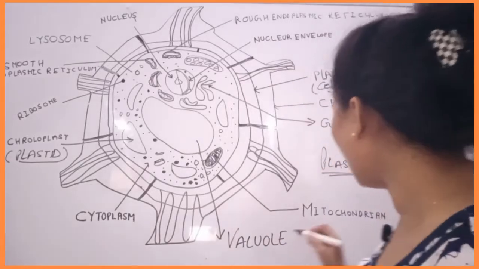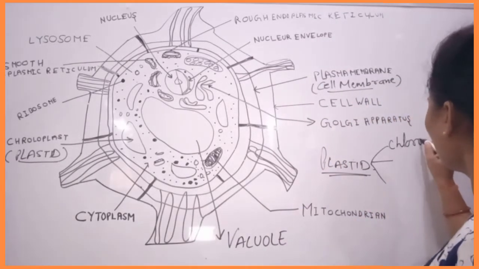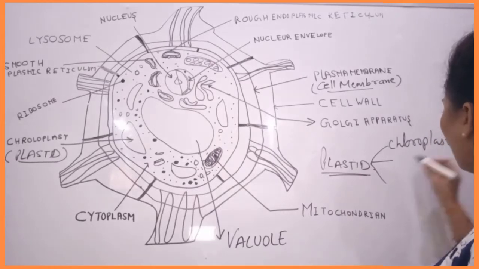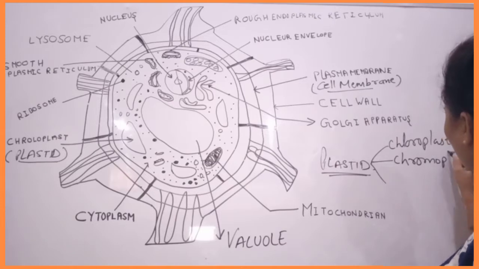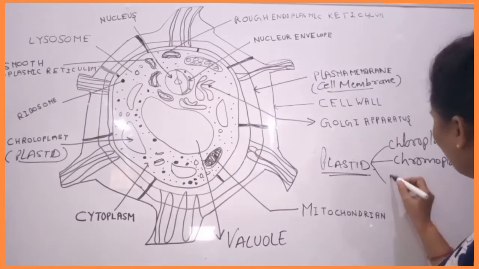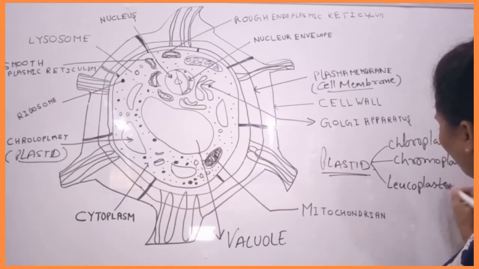The plastids are of three types: chloroplast, chromoplast, and leucoplast.